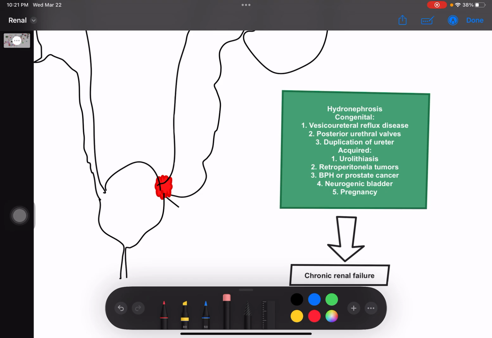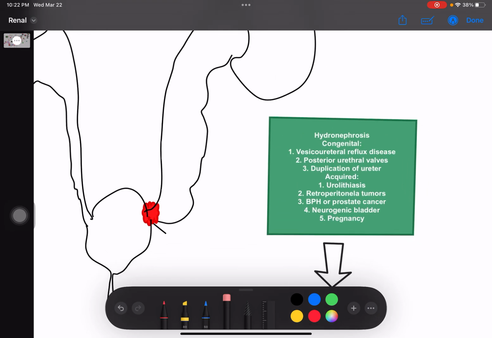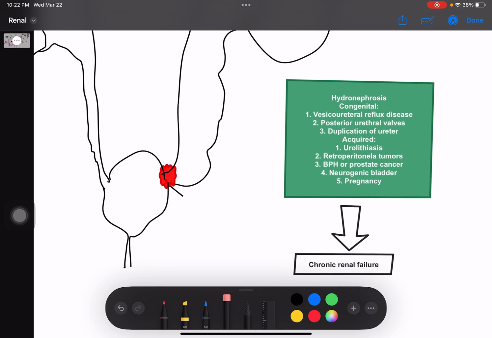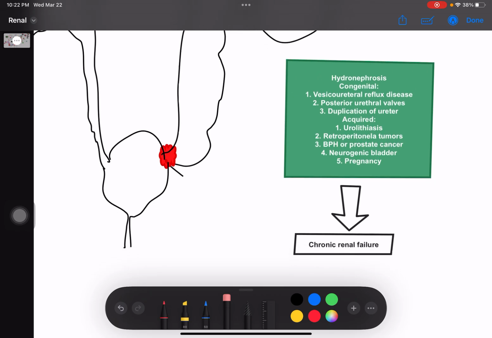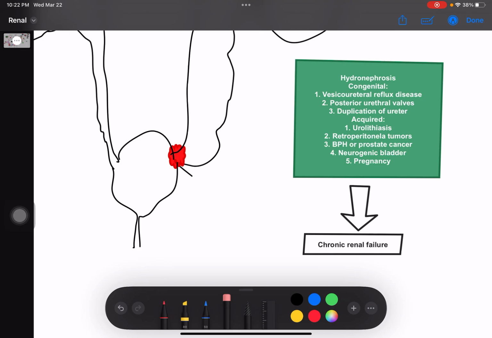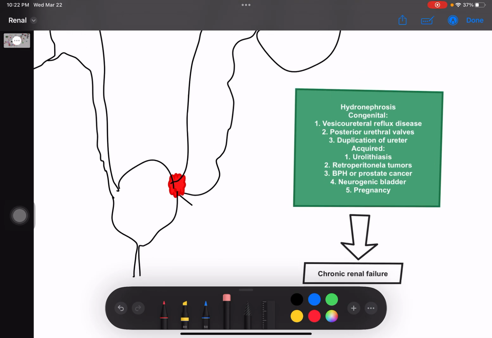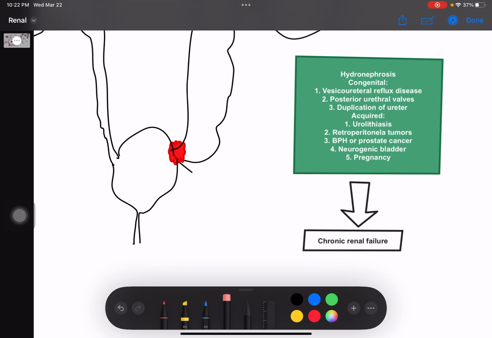This can cause the reflux of the urine back to the ureters, causing hydronephrosis, or it can also cause pyelonephritis, if I'm correctly aware. There's posterior urethral valves, so usually walls that are not supposed to be present there, and duplication of ureter.